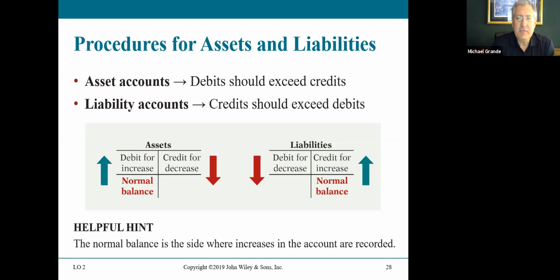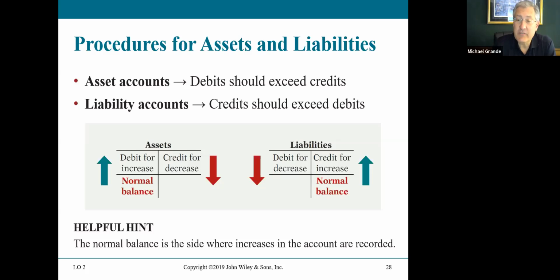So this again is important because on assets, you use a debit to increase it. You're always going to increase an asset with a debit, and an asset has a normal debit balance. To decrease an asset, you will credit that account. Liabilities, just the opposite. In order to increase an obligation to pay, it's going to be a credit.